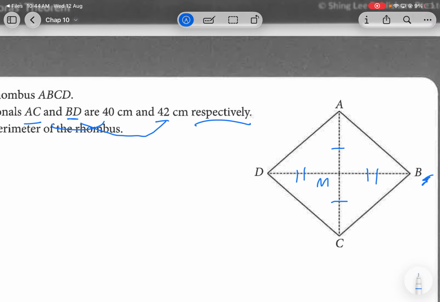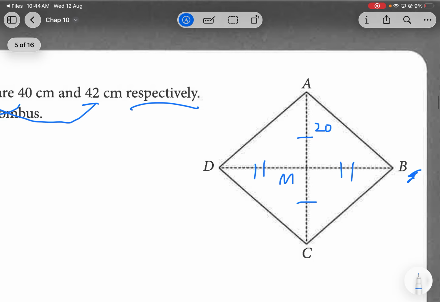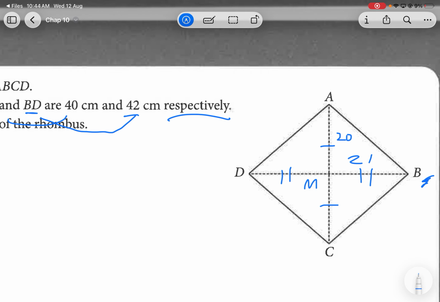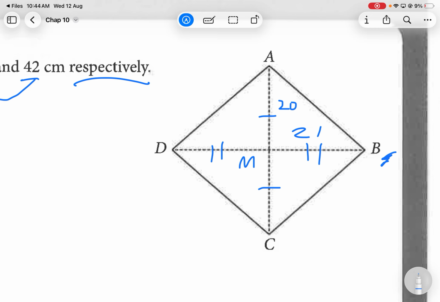So you take the area of the triangle times 4. Simple. 840. Okay? Perimeter.